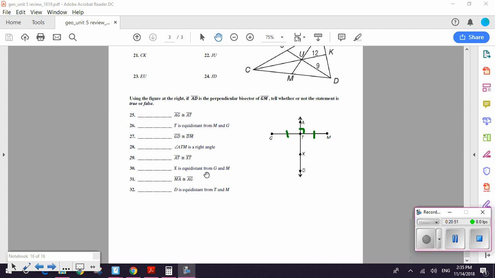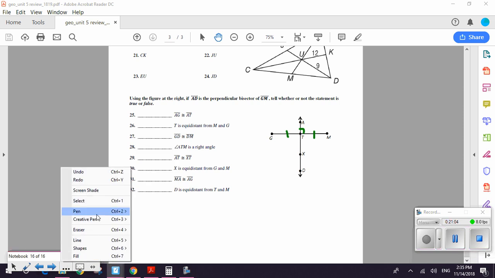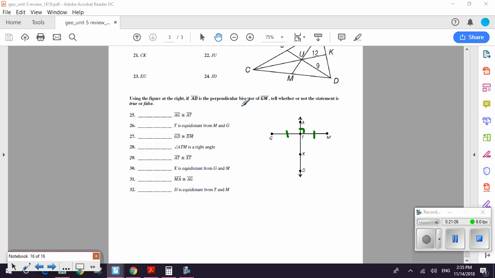Okay, so the first, number 25, and I'm only going to do half of these as well. Says segment AG, so A to G, is this line here, is congruent to AT. Do we know that to necessarily be true? No, we don't.